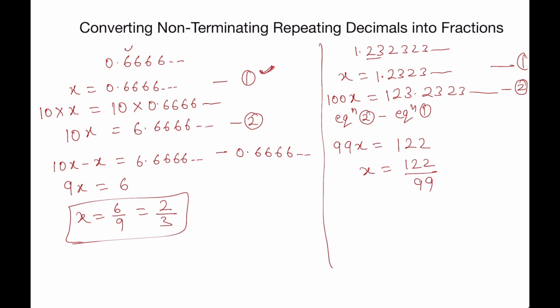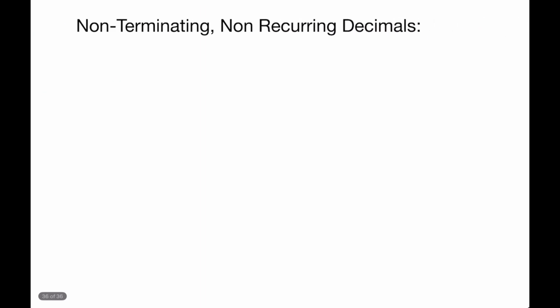Now what about non-terminating, non-repeating decimals? A non-terminating, non-repeating decimal does not repeat and also does not terminate because there is no end. For example, 0.141592.